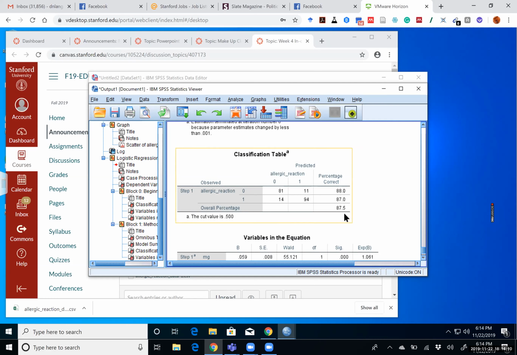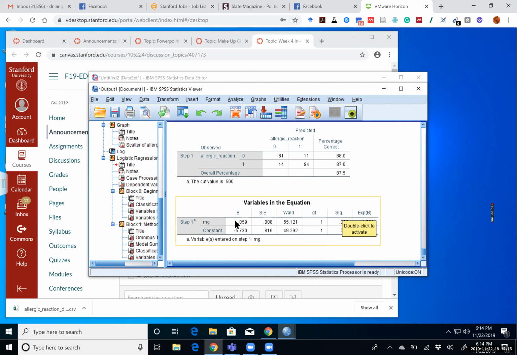And in addition to that, we see that there's a strong and statistically significant relationship between milligrams and the probability that an individual has an allergic reaction. So in a lot of ways, the results here are very similar from the linear probability model and the logistic regression.